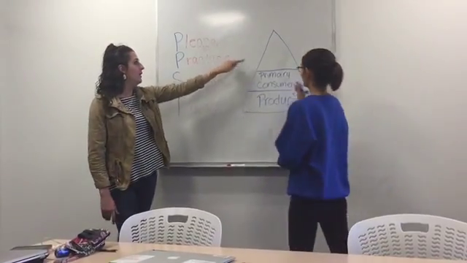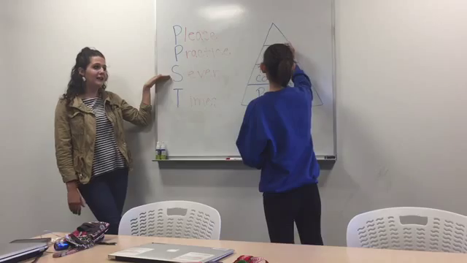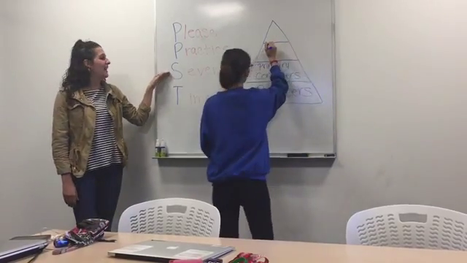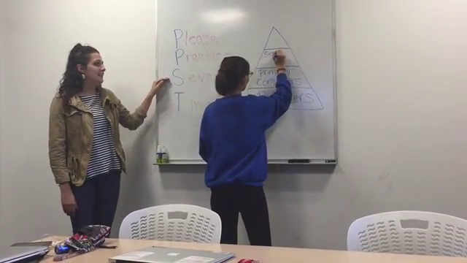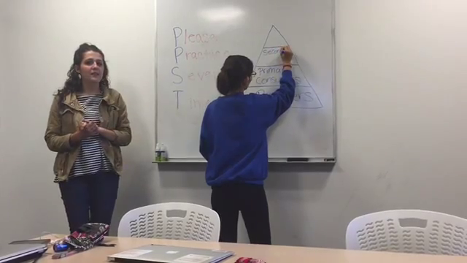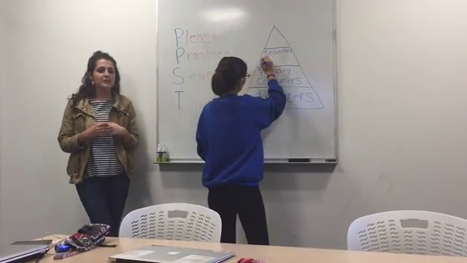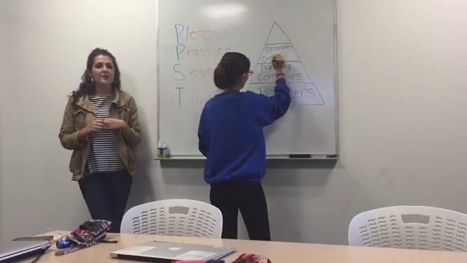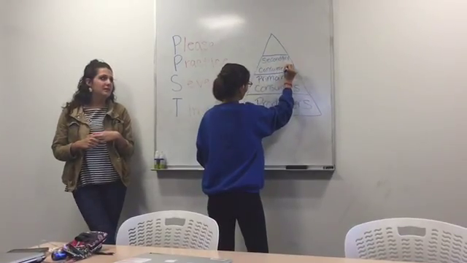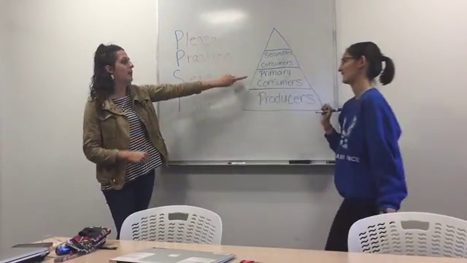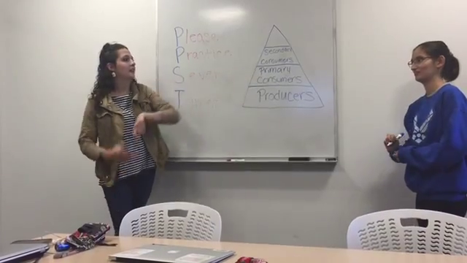So our next level after that is where our S comes in, and that is secondary consumers. Secondary consumers are carnivores, and that means that they eat meat. So they eat primary consumers.